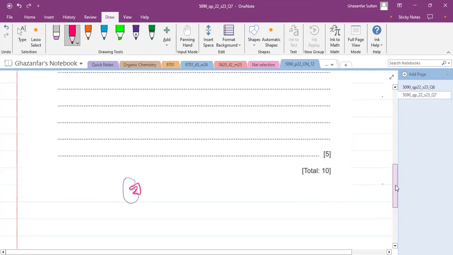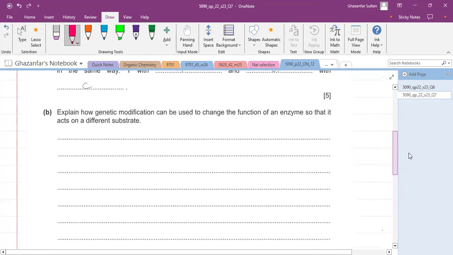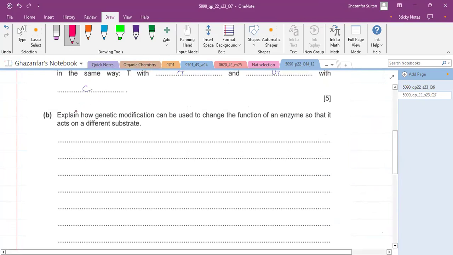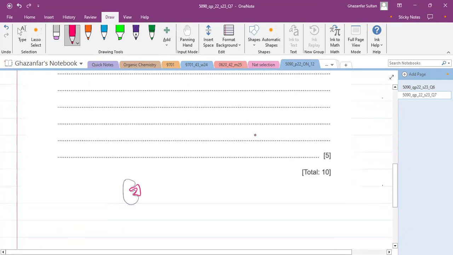So how can we change the shape of the enzyme? Actually, they are asking about this. Explain how genetic modification can be used to change the function of an enzyme so that it acts on a different substrate. So for acting on a different substrate, if its shape is this, its shape should be changed.